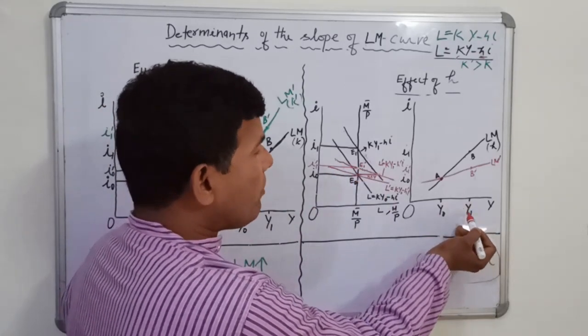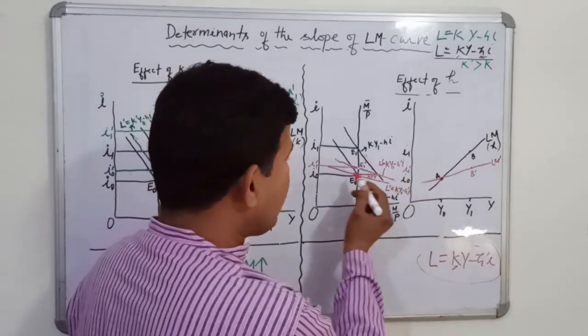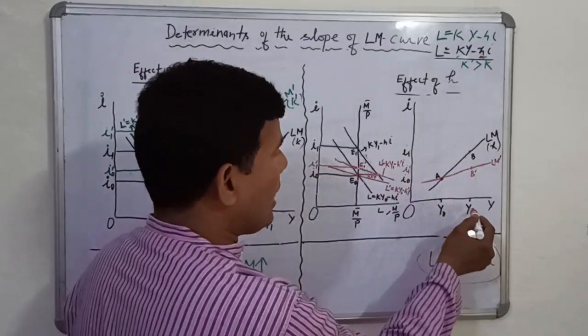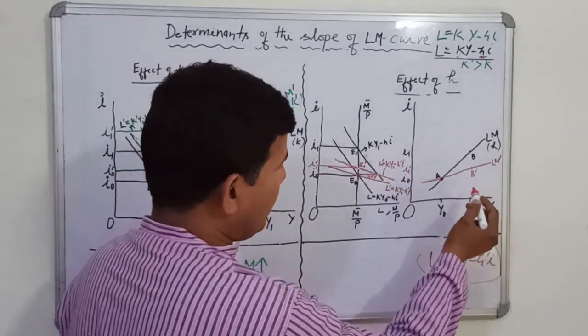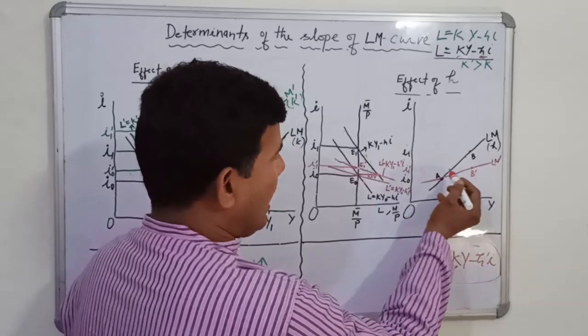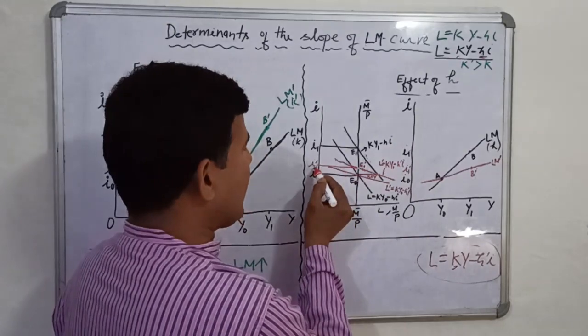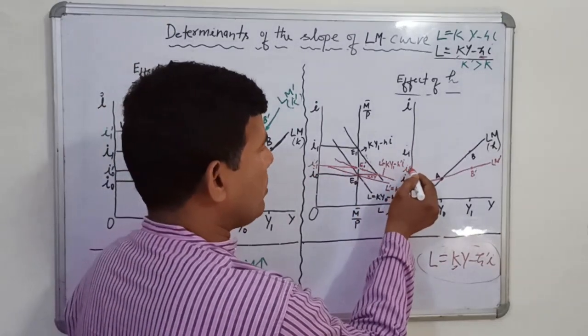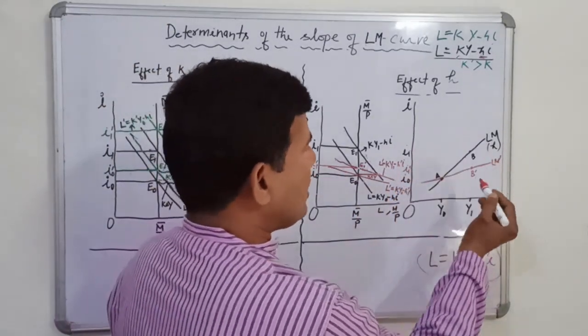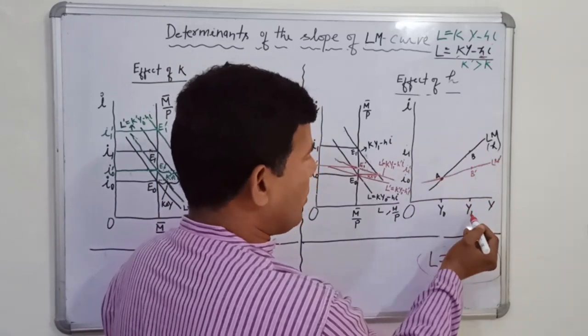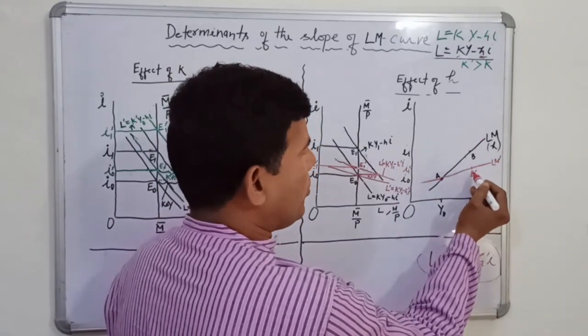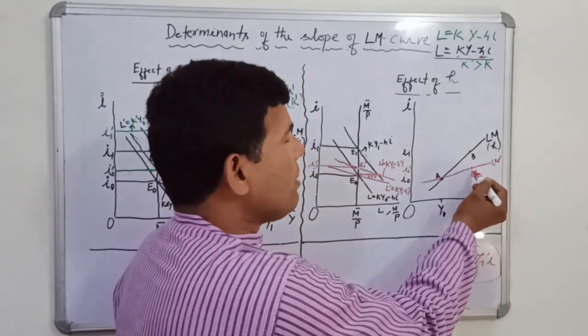Now can we identify that combination of I1 prime and Y1 in this diagram? Yes, just above Y1 and to the right side of I1 prime, right? So this I1 prime is exactly this I1 prime, and this I1 prime and Y1 is represented by this point called B prime, right?